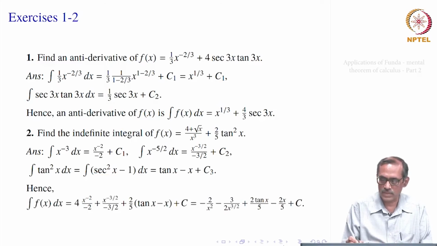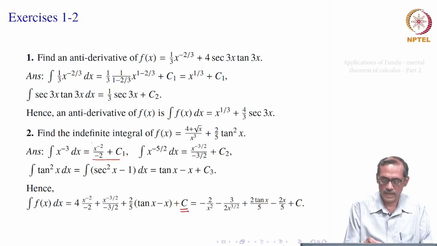So, the integral of f x, which is this one, is 4 times the first integral, then plus the second integral, plus 2 by 5 times the third integral. So, it is 4 times this one, plus 4 times C1, sometimes times C2, some constant times C3. So, they are all accommodated in plus C, a constant.